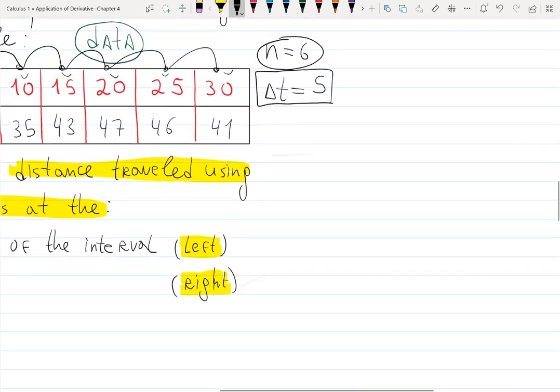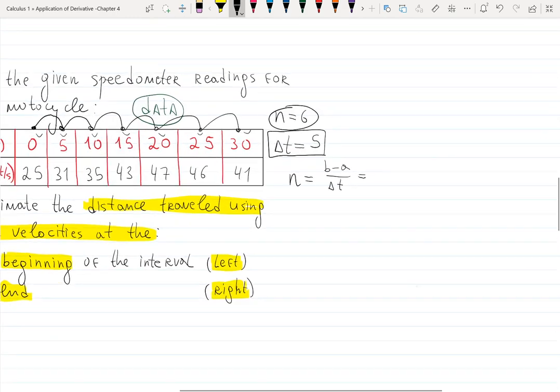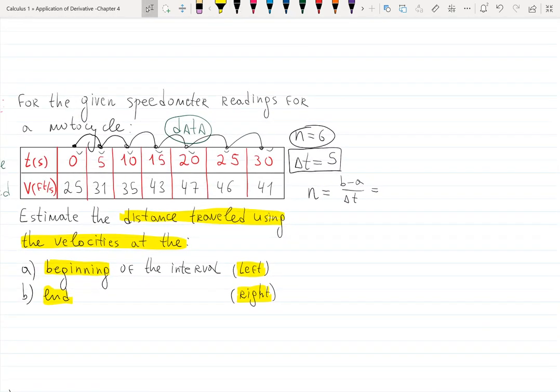If you have delta t, then by the formula we can calculate n. N is b minus a over delta t. What is my b? B is the last endpoint, that's 30, and a is 0. Then we divide by 5 and get the same 6 we had by calculating by hand.